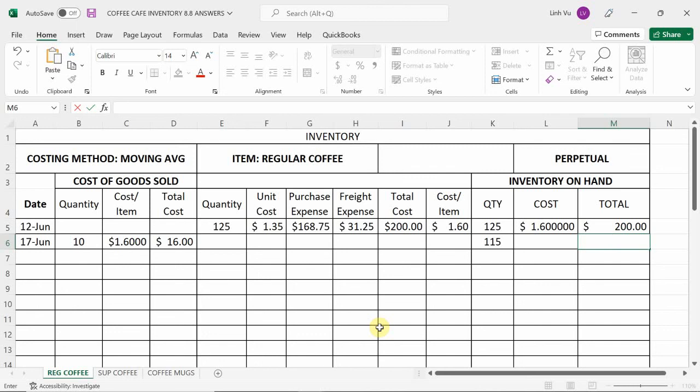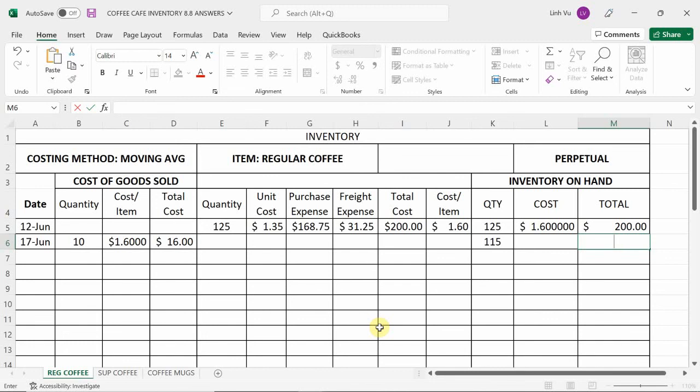I don't know what my cost per item is. How do you figure out the cost per item? Would it be 115 divided by 125?